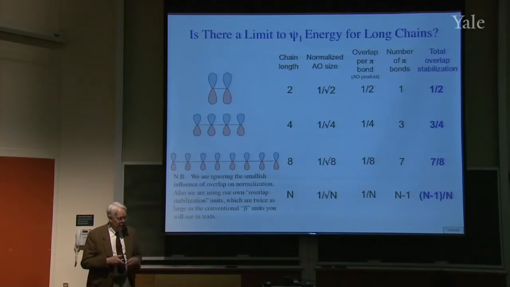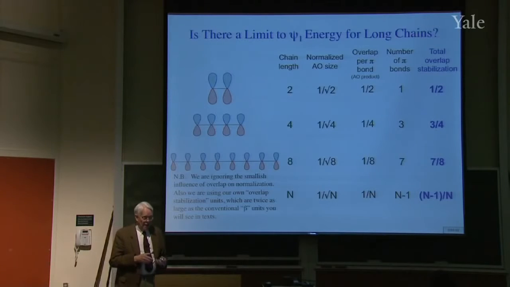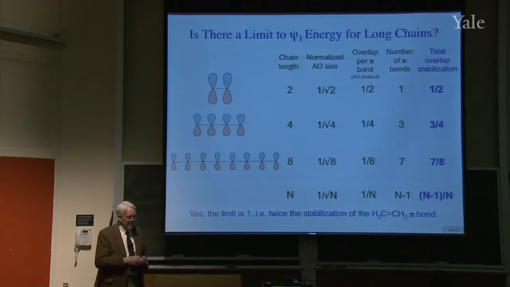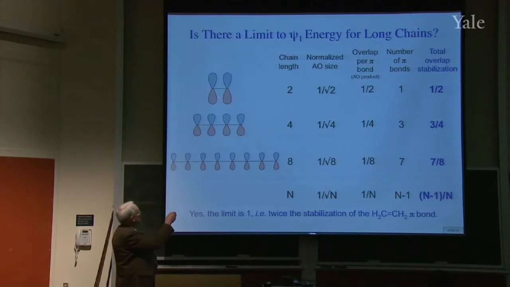Because if you have n, it's 1 over the square root of n, and there 1 over n is the overlap, and there are n minus 1 of these pairs, right? So it's n minus 1 over n, which approaches 1 as n gets very large. So there's a limit to how good it can get, right? And incidentally, that limit is twice what it started out here, right? It was a half and it approaches 1.